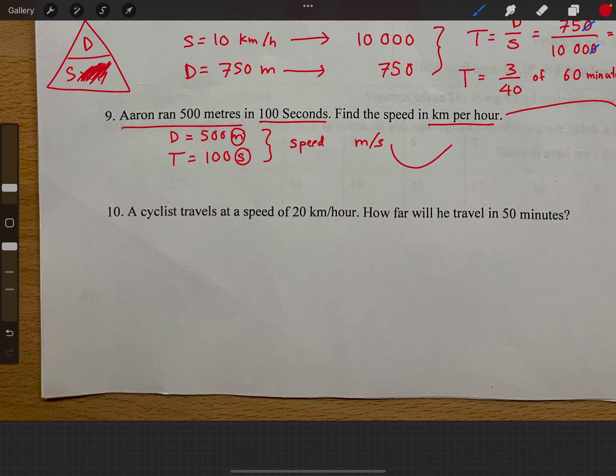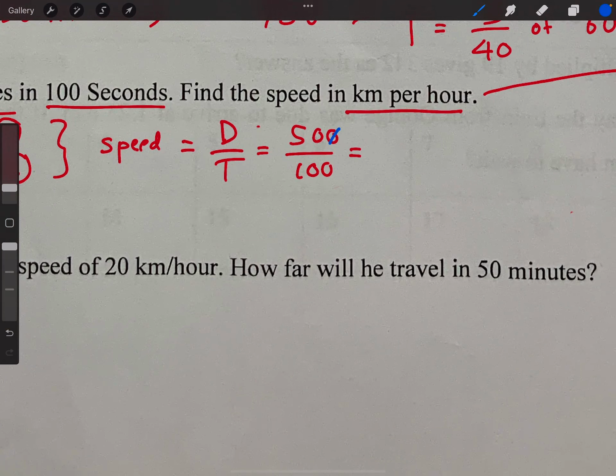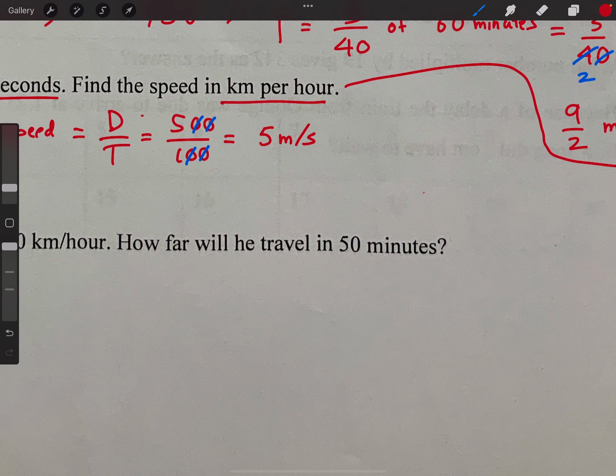So that's 500 divided by 100, which means that you travel at, let's zoom in here, cross out some zeros, and you get 5 over 1, which is just 5. So that means you travel at a speed of 5 meters per second. Okay, because we're dealing with meters and seconds, so that's 5 meters per second. Now, just change this one into kilometers per hour.